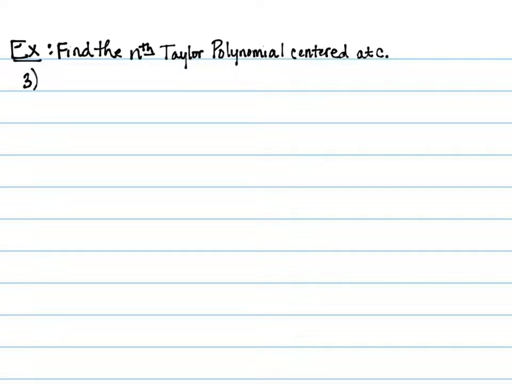Find the nth Taylor polynomial now, centered at c. And the function that we're going to look at is going to be a different one. We haven't done this one yet.